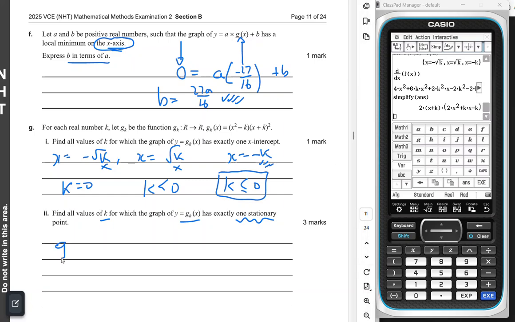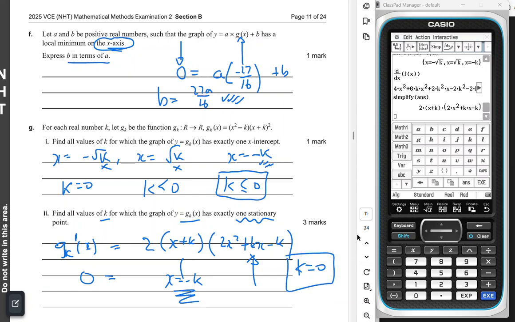So I've got g_k of x dash equaling x times 2x squared plus kx minus k. So I'll get equal to 0 when x equals 0. That's one of them. When k equals 0, that will be x equals 0, and that will be x equals 0. So I wish to include 0 again.